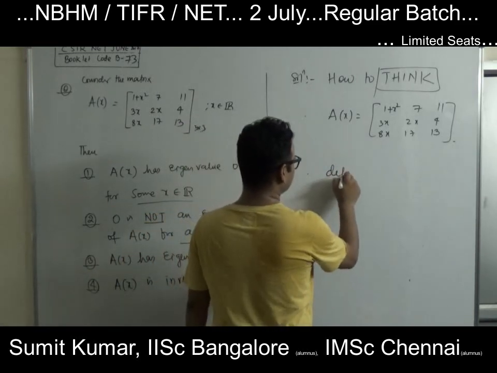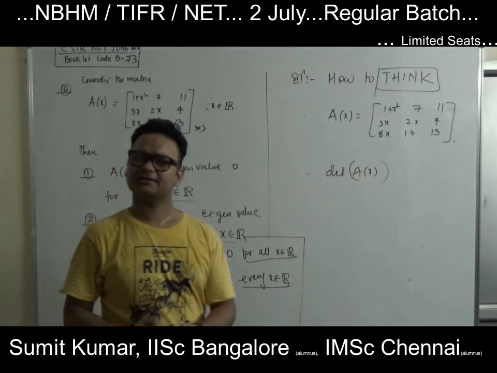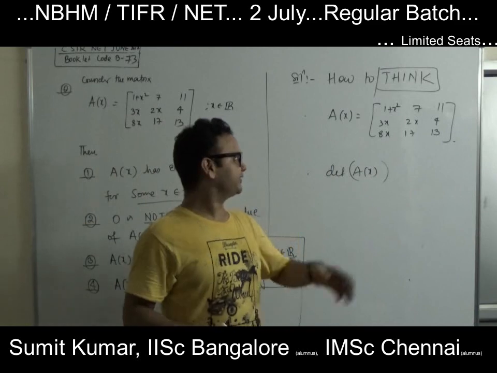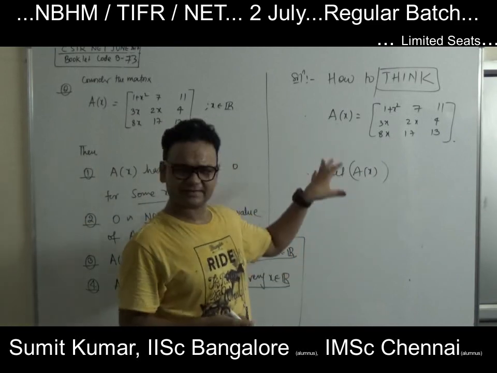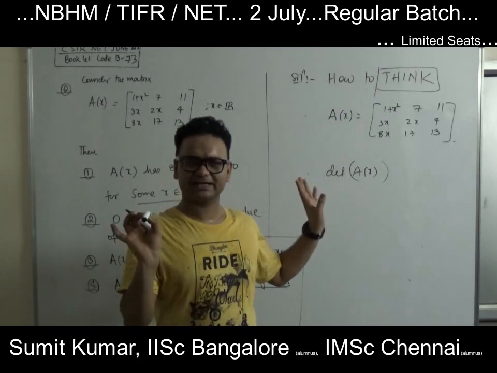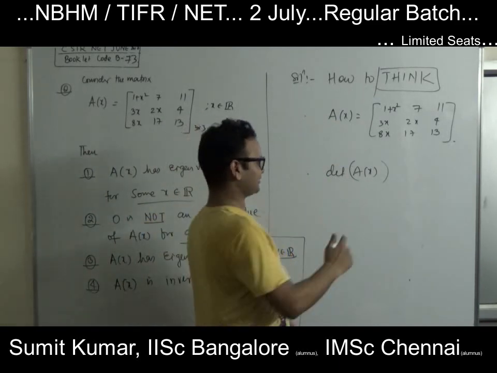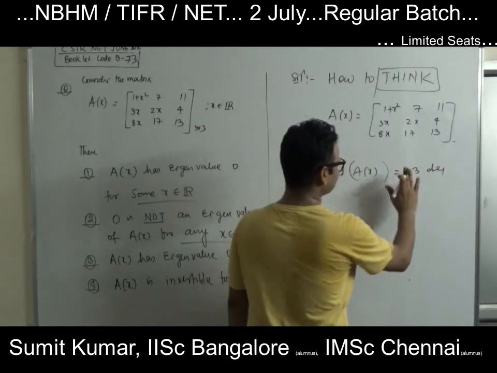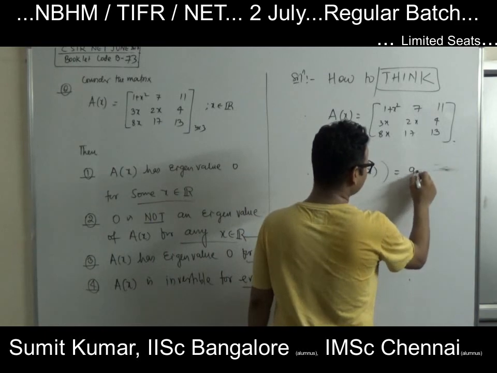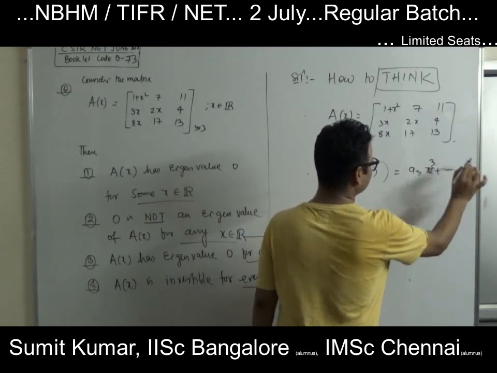What is the determinant of A(x)? Tell me the determinant of A(x). How can you find it? I know that you are going to do the calculation, but I don't want to do that. This is a 3rd-degree polynomial, with x cube and all that.